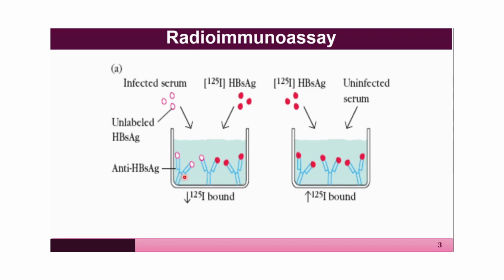The antibodies are immobilized by using protein A which is coated over the surface of the container, and protein A attracts the Fc arm of the antibody. Therefore, the Fc arm gets anchored onto the inert surface, where the protein A is already coated.